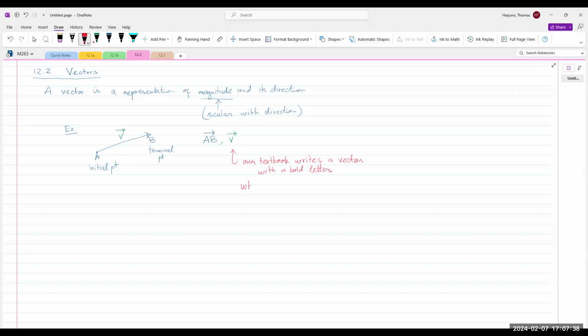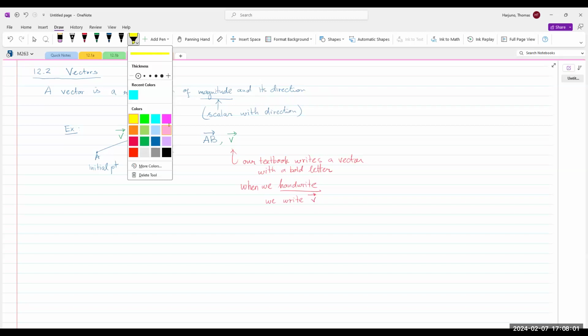When we handwrite, I require you to use the notation I have here, the vector notation with the ray on the top.